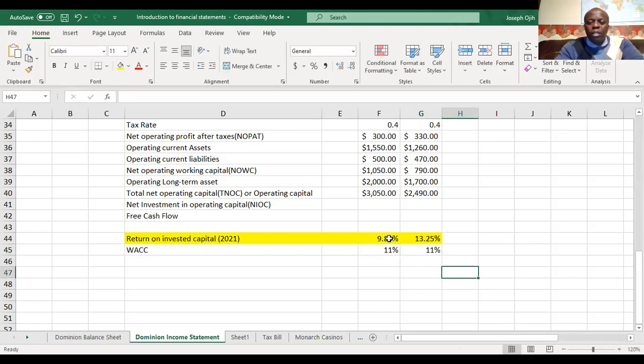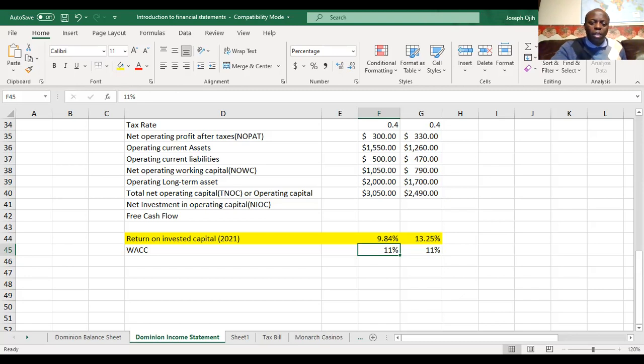So this is how much the company is returning, but it is owing 11% in debt. So it's not adding value, because what it is returning is not even enough to pay its debt. See? So that is a first red signal, a red light, an alarm that something is wrong.